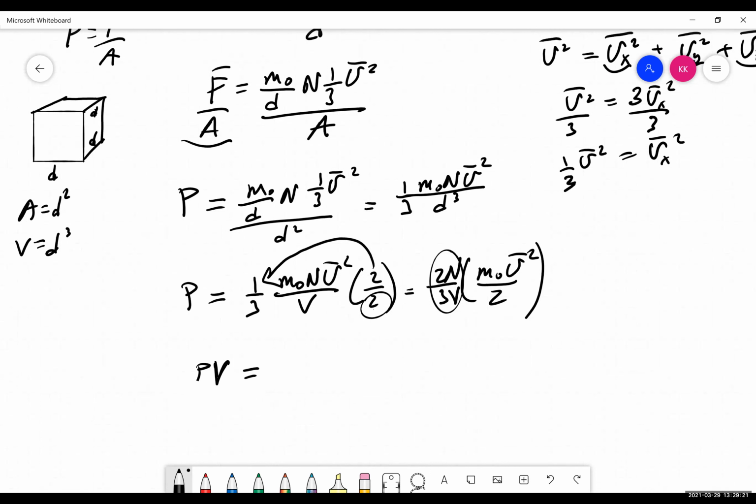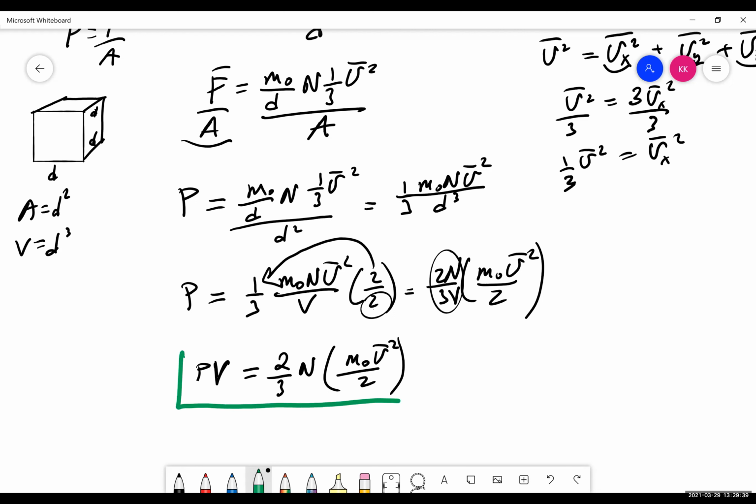So PV equals 2/3 N, then mass times velocity average squared divided by 2. Okay, so this is my equation. And in a way, this is my final equation that I can derive from that system that I had. Now, what is the significance of this equation? Well, it tells you what PV is from this molecular interpretation. It's 2/3 times number of molecules times m naught v squared over 2.